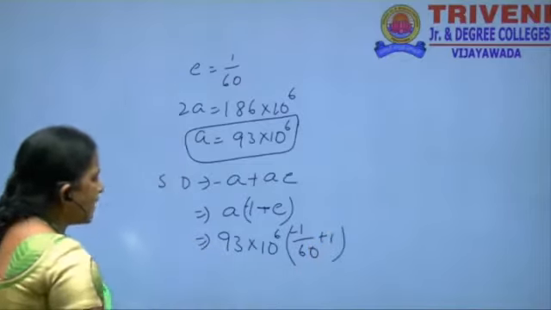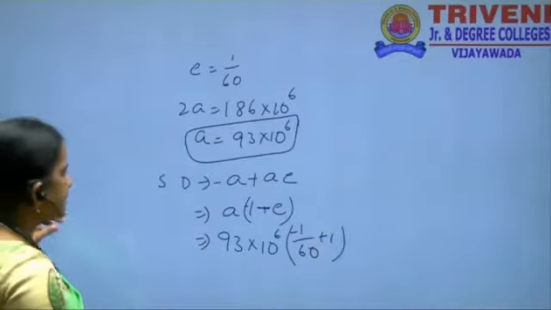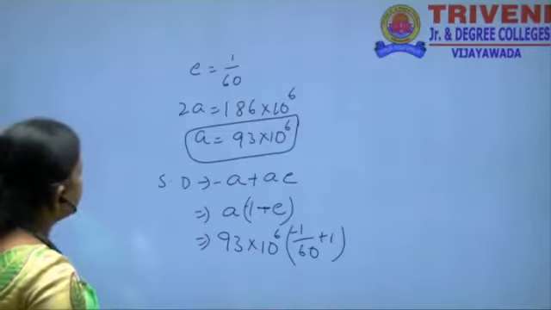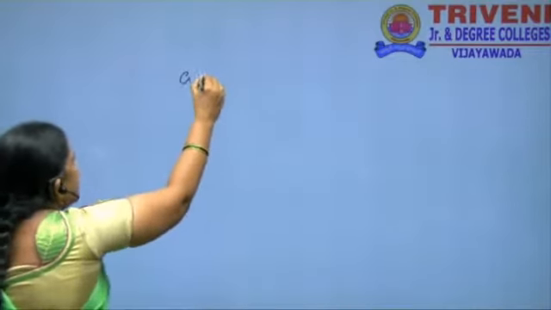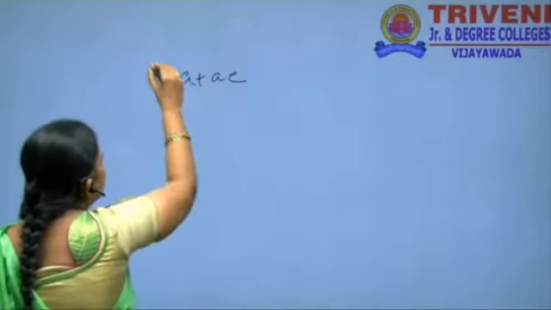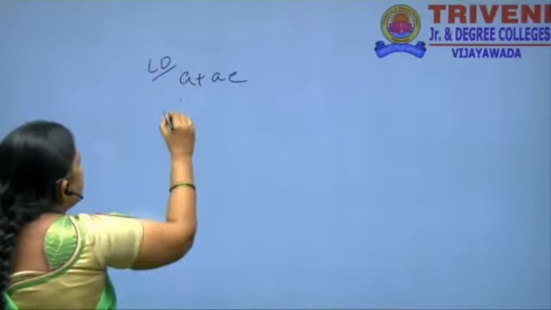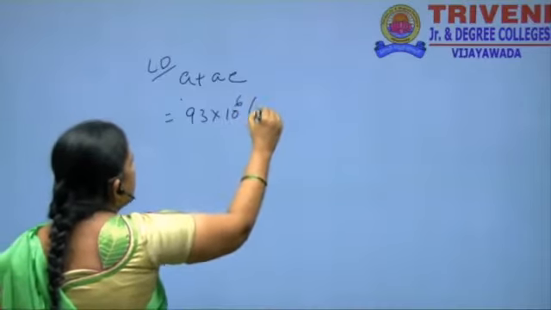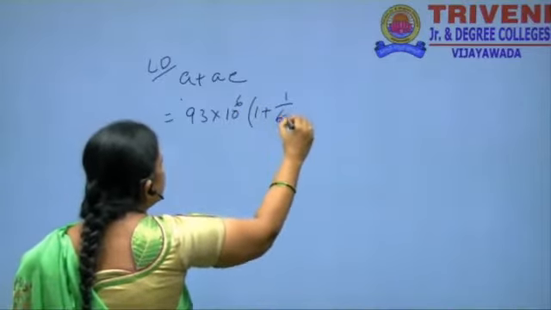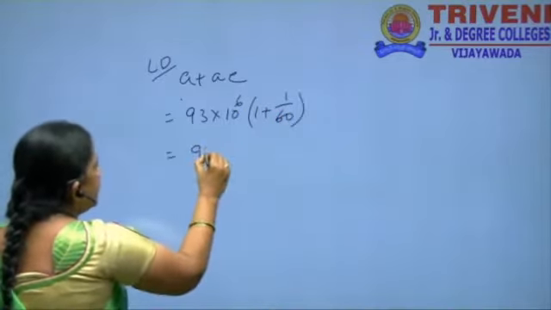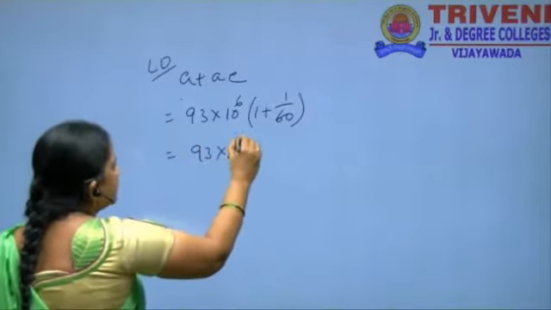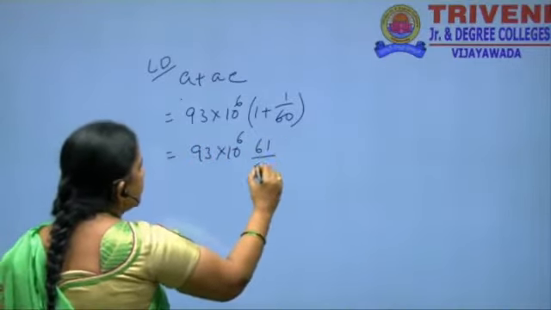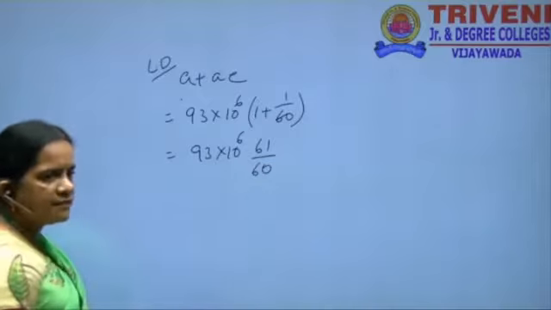Then we have to find the value of longest distance. Longest distance is a plus ae. That is 93 into 10 power 6 into (1 plus 1 by 60), that is 93 into 10 power 6 into 61 by 60.